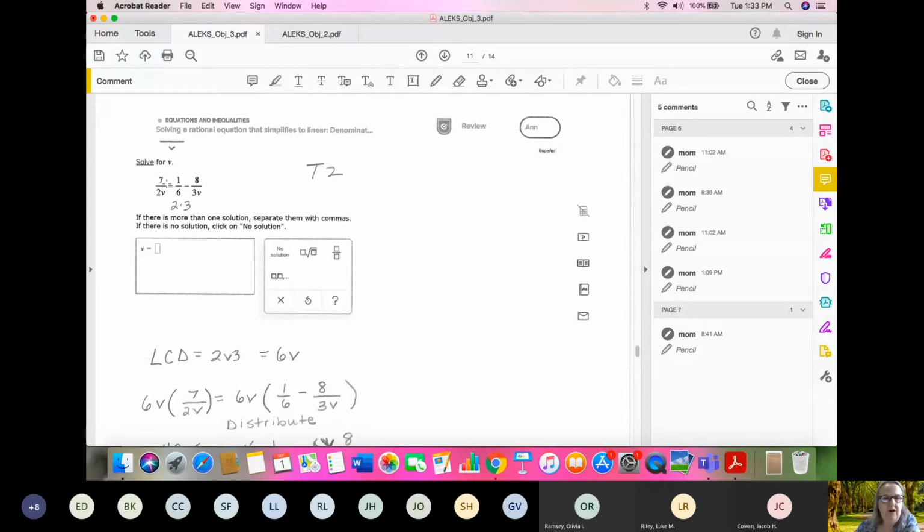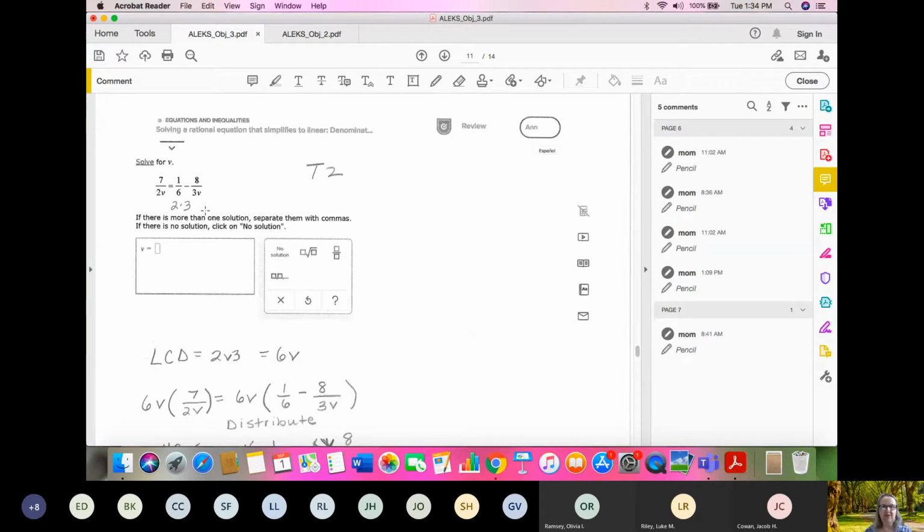So we have 7/2V equals 1/6 minus 8/3V. Now, when it says to completely factor, it means factor even numbers like 6. So this 6 is 2 times 3. 2 times 3 is 6. That's important.